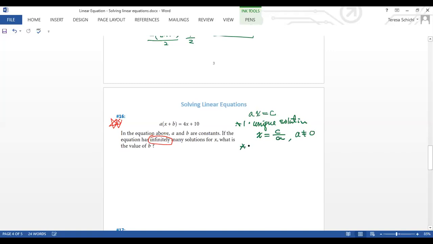Then the next situation is that you have no solution. For no solutions in this equation, that means a is equal to 0 and c is not equal to 0. Then x equal to c over a, because a is in the denominator, you cannot do that.